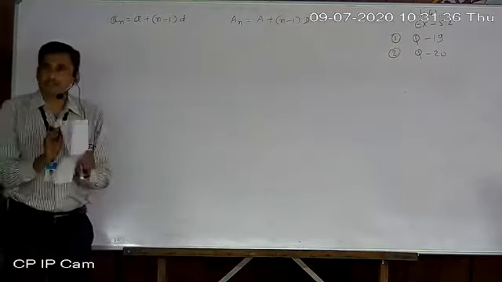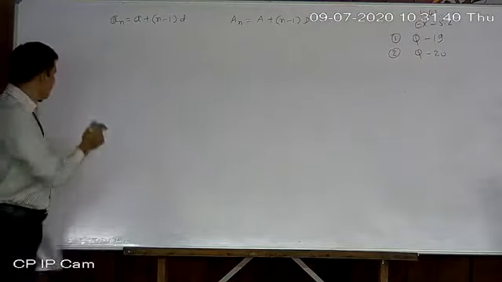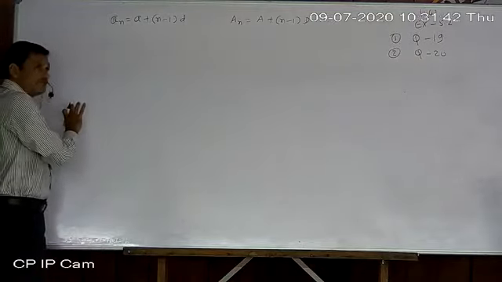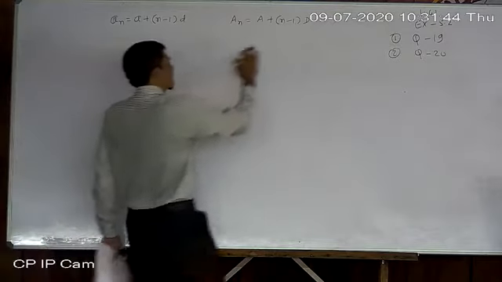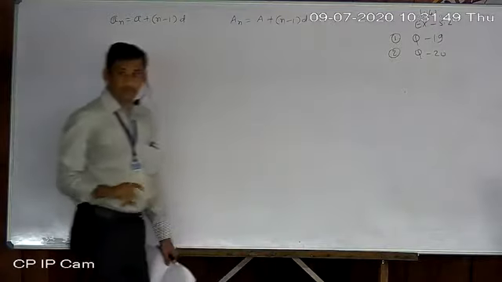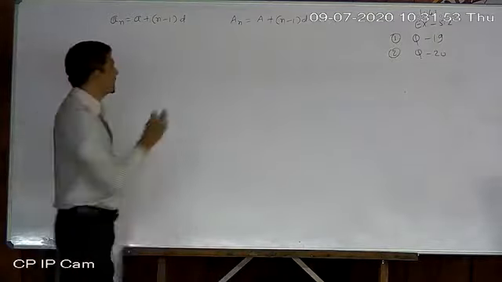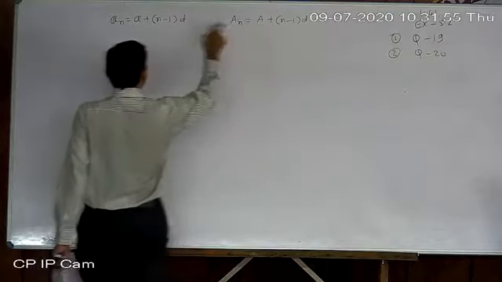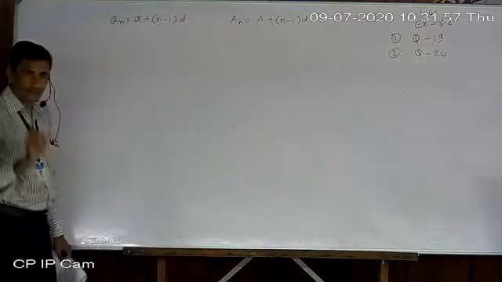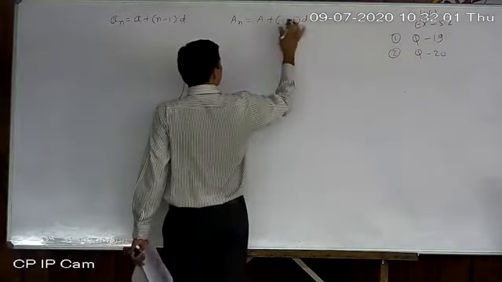Anyway, just use different symbols so that they are not mixed up, because both first terms are different. Okay, and D remains D. No need to write small and capital D. Why? D is equal in both. Only the first term is different and the particular nth term will be different. But D remains D only, and n also n. But for the time being, you can write different also here.